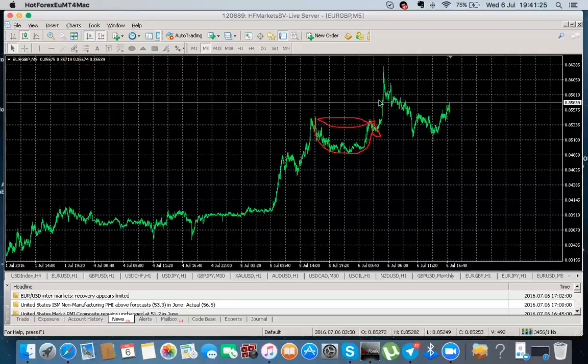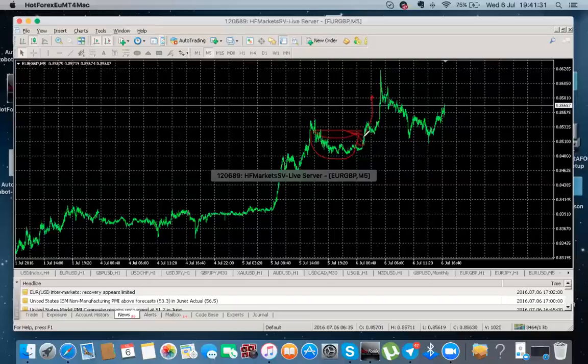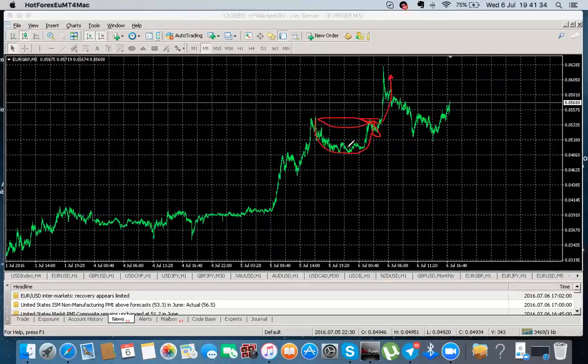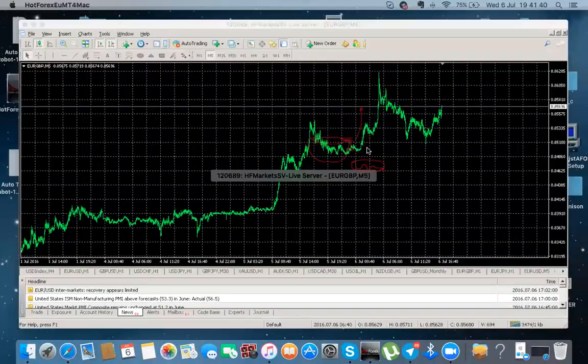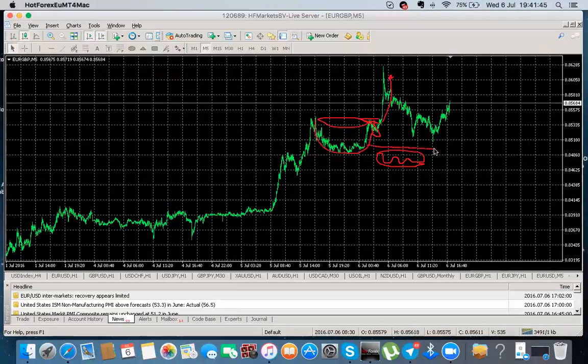So it broke the coffee pattern, and the price was trending somewhere here. I was actually waiting for this beautiful pattern here, acting as a support. I wanted price to come down somewhere here, but the price did not come here.